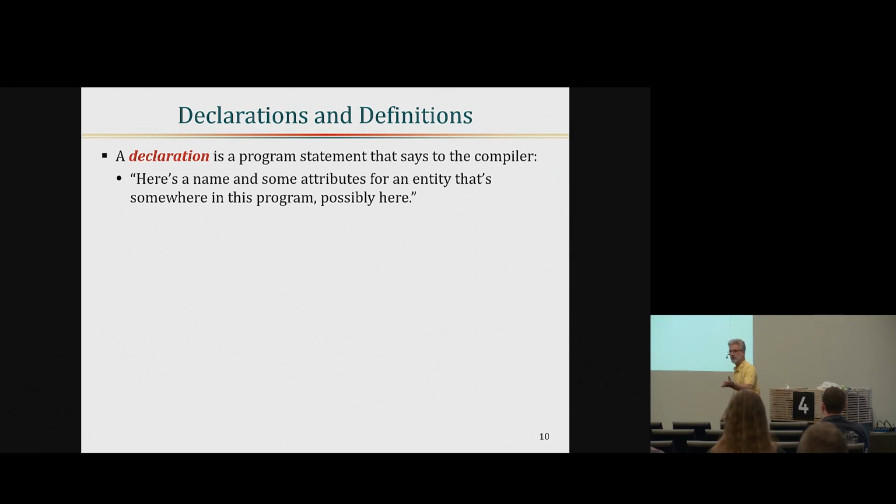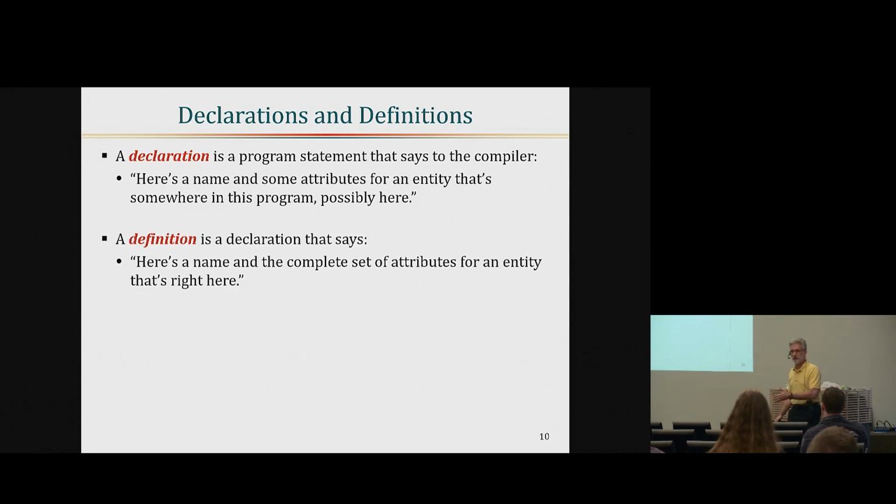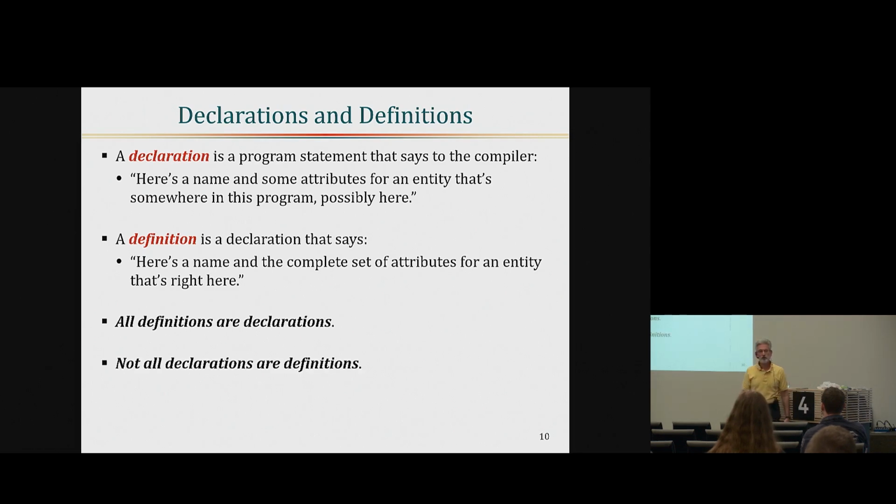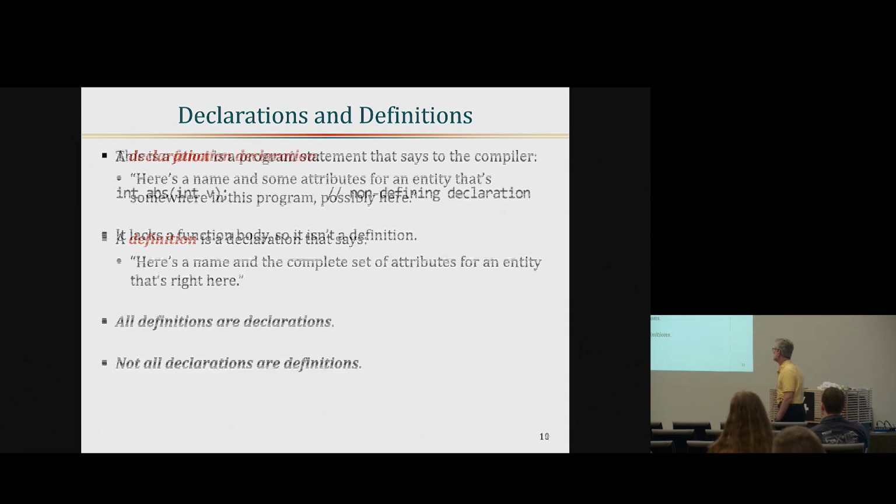It says basically, here's a name and a bunch of attributes for something that exists in the program, possibly here, possibly somewhere else. A definition is a declaration that not only says it exists, but here it is. All definitions are declarations, but not all declarations are definitions.